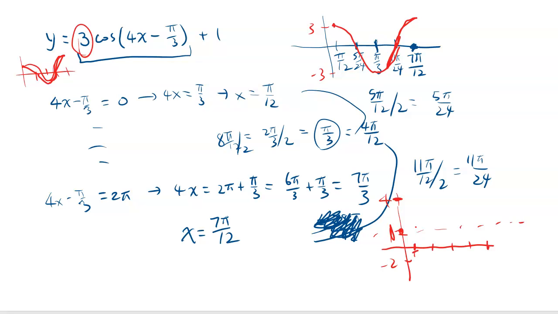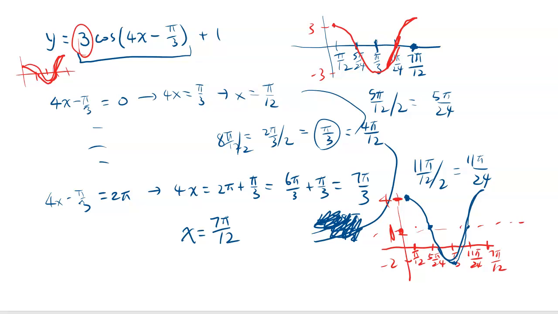Those 5 points: pi over 12, 5 pi over 24, pi over 3, 11 pi over 24, and then 7 pi over 12. On this, we're going to draw the graph, which hits the 4. No, it's the 4 in the beginning, and then hits 0, but it's not 0, it's the midpoint, so it's 1, and then negative 2, and then hits 1 again, goes up again.